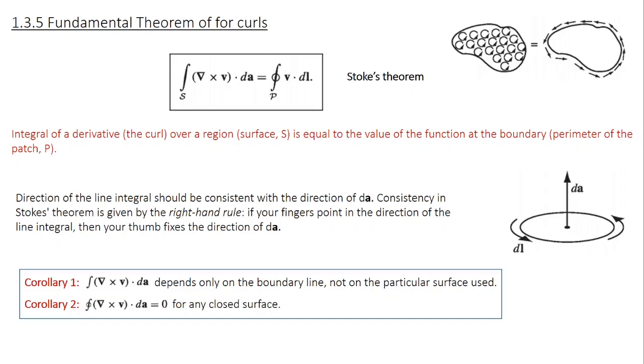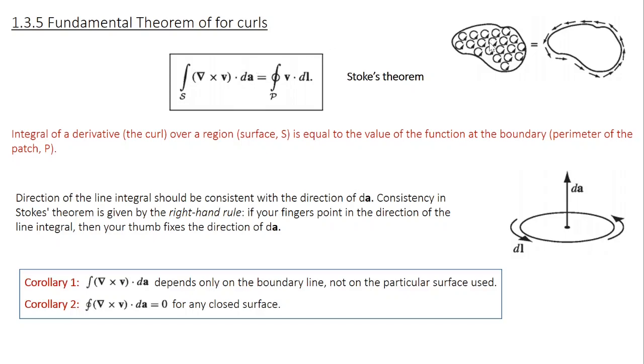Now, one thing you have to note is the direction of the integrals. There are two options. When you take the line integral, either you can follow a clockwise path or an anti-clockwise path. Similarly, when you calculate the surface integral, there are two options for the direction of the area element.